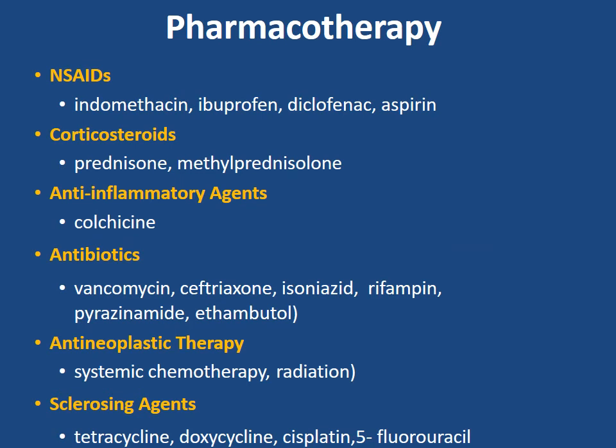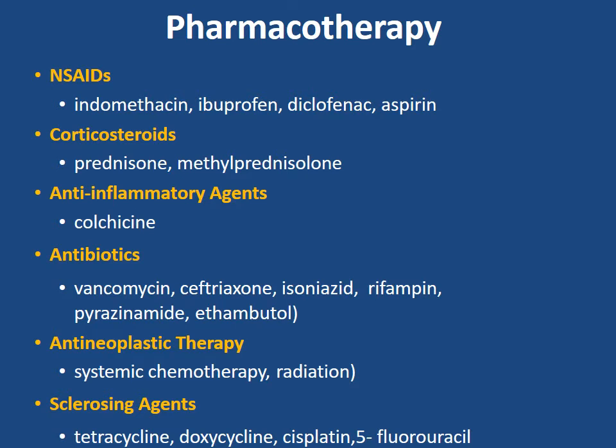Other pharmacotherapy includes NSAIDs like indomethacin, ibuprofen, diclofenac or aspirin to relieve the pain, corticosteroids like prednisolone and methylprednisolone, and other anti-inflammatory agents like colchicine can be offered. In the case of bacterial infection, we can offer different antibiotics according to the situation.